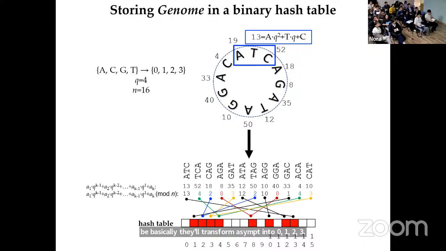So when we compute hash of ATC, it will be A times Q squared plus T times Q plus C, and it will be 13. Okay? So these are all hash values, and we take them modulo 16. Many collisions, of course, but that's how we store the genome. Is it clear? Okay.